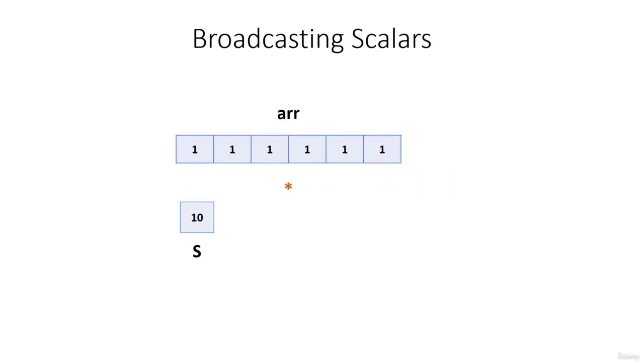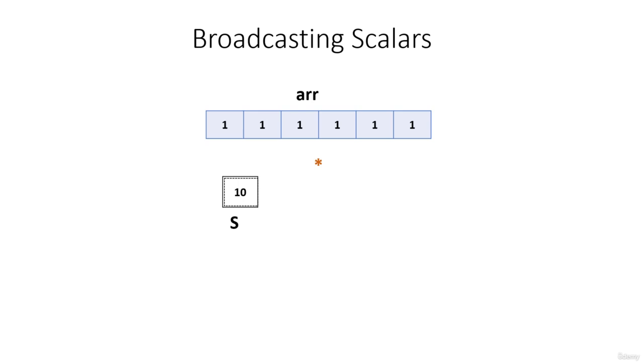Now, what exactly happens here is that the scalar 10 is replicated to match the shape of the array, to match the 6 elements that are present in this array. Once the scalar has been replicated so that the dimensions match the original array, we can now perform element-wise multiplication to get the result, which is an array of 10s. 6 elements all equal to 10.